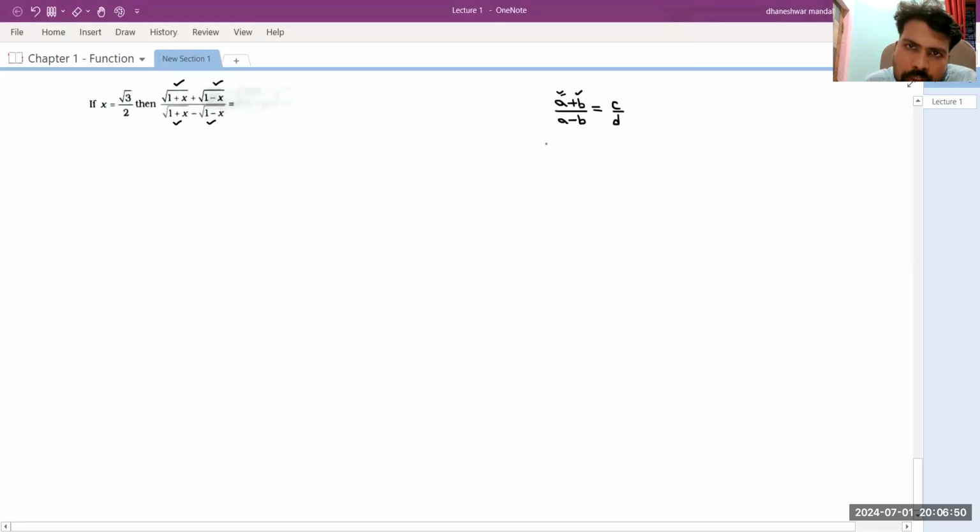So I am going to reduce this term. And what is the process to reduce this term? Here I have to add the numerator with the denominator and subtract the denominator from the numerator. Is this clear, Achilles?